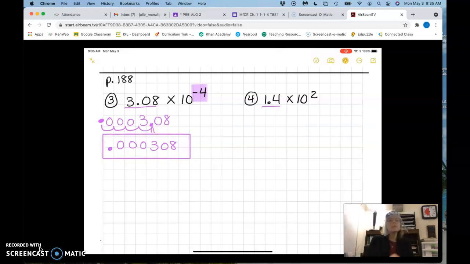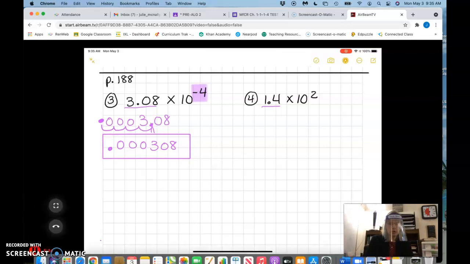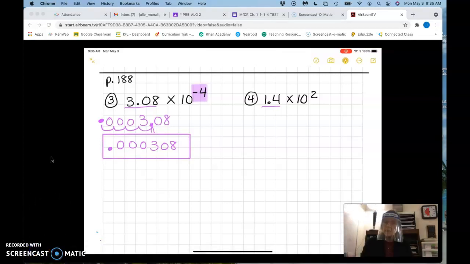Negative exponent means I need to have a small number. All right, so this time I have a positive exponent, so I'm going to rewrite the number again, and I'm going to move my decimal 2 places to the right because I want to make a larger number. Positive exponent, large number. 1, 2. So my new decimal is there, and what do I fill in the loop with?